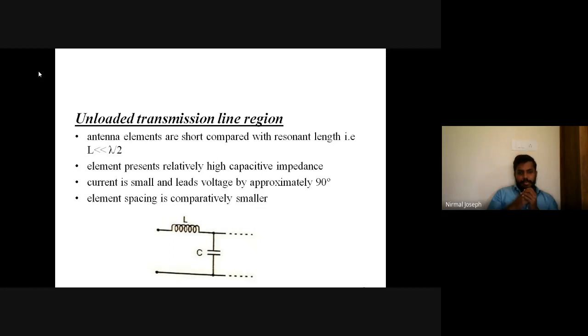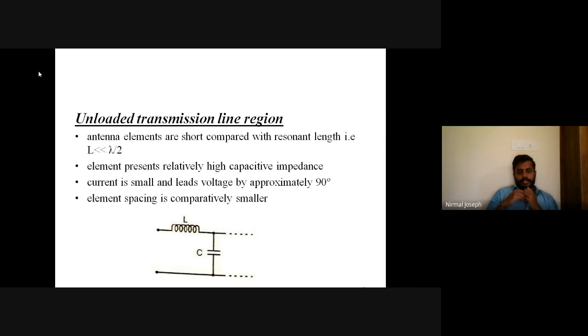The current is small and leads the voltage by approximately 90 degrees. The element spacing is comparatively smaller. That is the cause of this capacitive character or capacitive impedance.